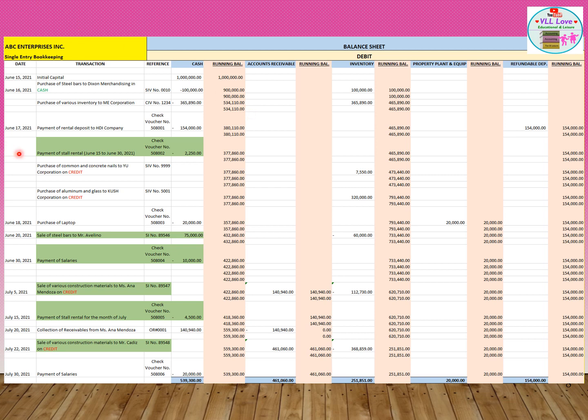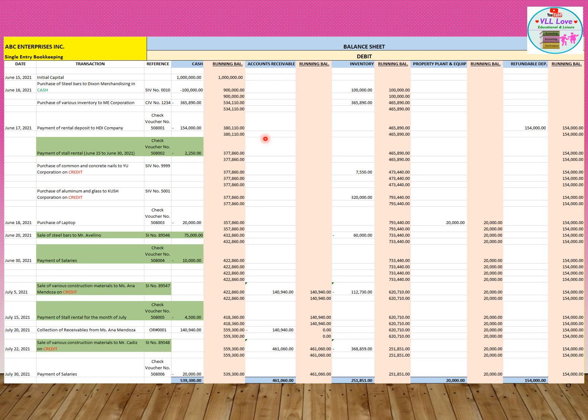On June 17, there's another transaction. This is payment of rental deposit to HDI company in the amount of 154,000. So from 534 less 154, we have a balance of this amount.